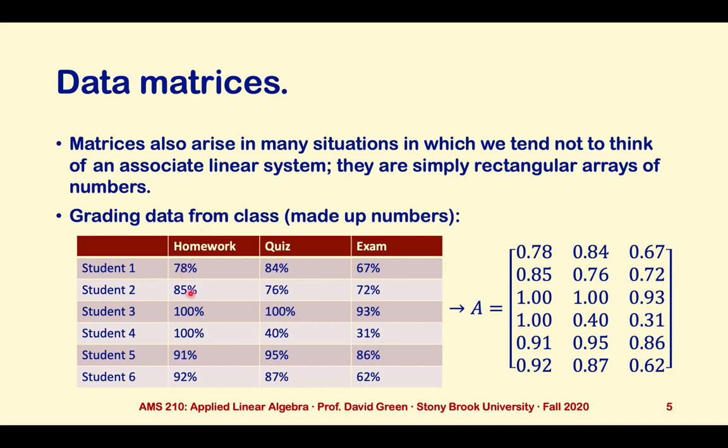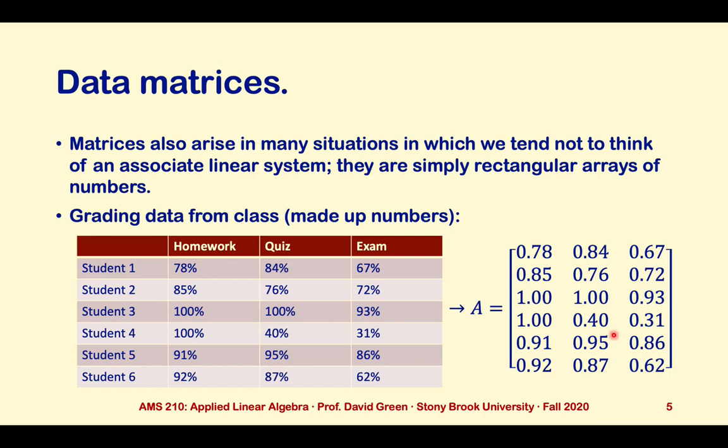And there might be a score associated with each assignment for each student. And this table of data can be written in a matrix form, simply taking all of these numbers and just writing them as a matrix.